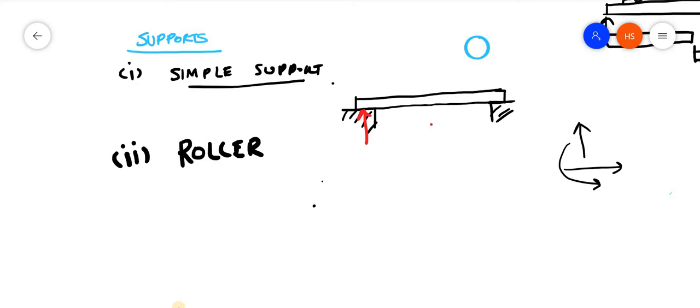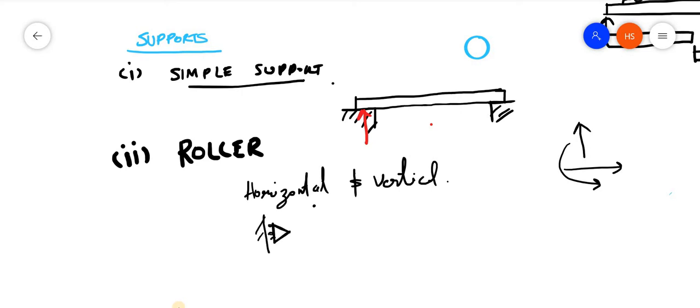Such a point is known as a roller support. Similarly, the shutters used for shops move in the vertical direction, that is, movement only in the vertical direction. So a roller can be of two types, horizontal and vertical. It is denoted in this way for a vertical roller, and like this for a horizontal roller.